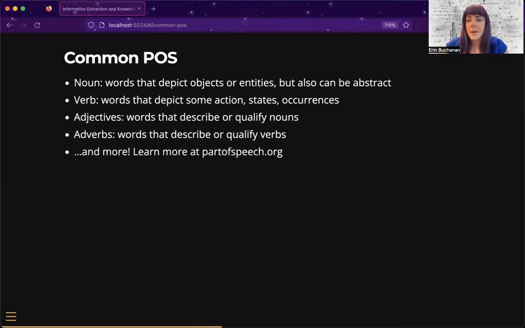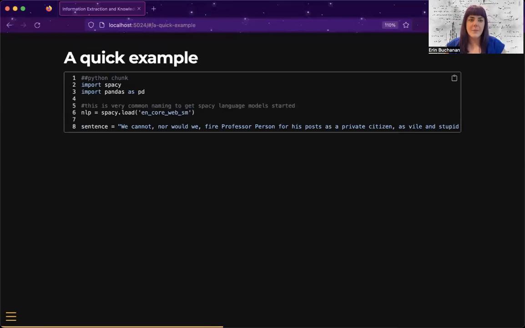But then we also have things like prepositions, in, of, determinants, the, a, an, conjunctions, but, and. So there are somewhere between 10 and 15 very common parts of speech, and then they can get more fine-grained from there. So let's do a quick example.